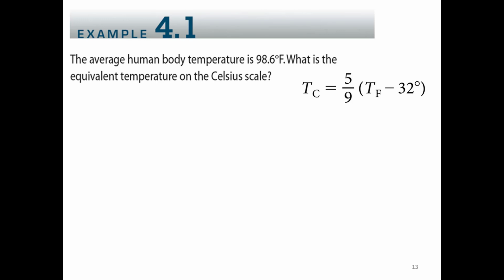The average human body temperature is 98.6 Fahrenheit. What is the equivalent temperature on the Celsius scale? In this case, we want to convert 98.6 Fahrenheit into Celsius. We know the equation we need to apply is this.